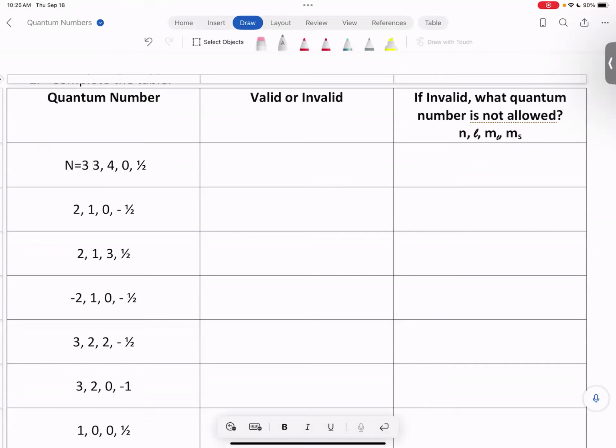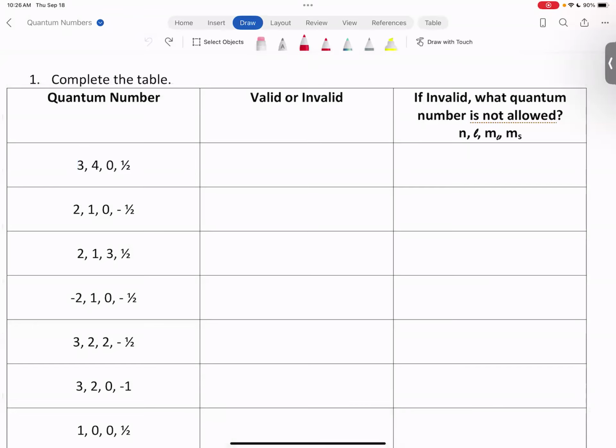But if n is equal to 3, that means L has to be 0 to 3 minus 1.